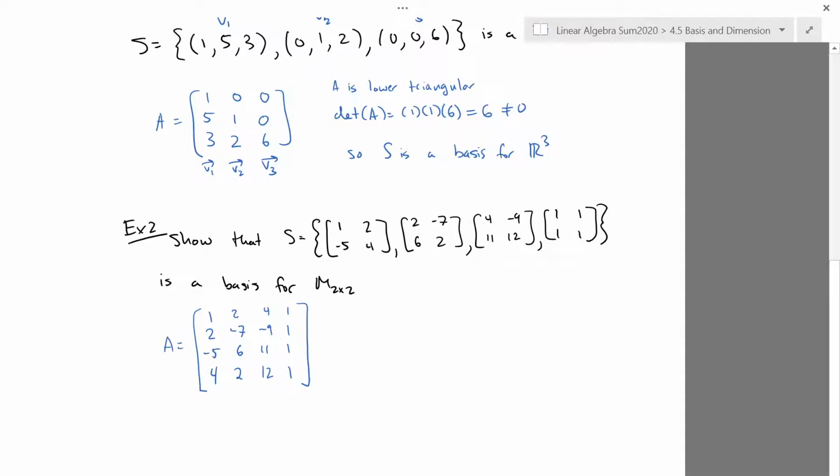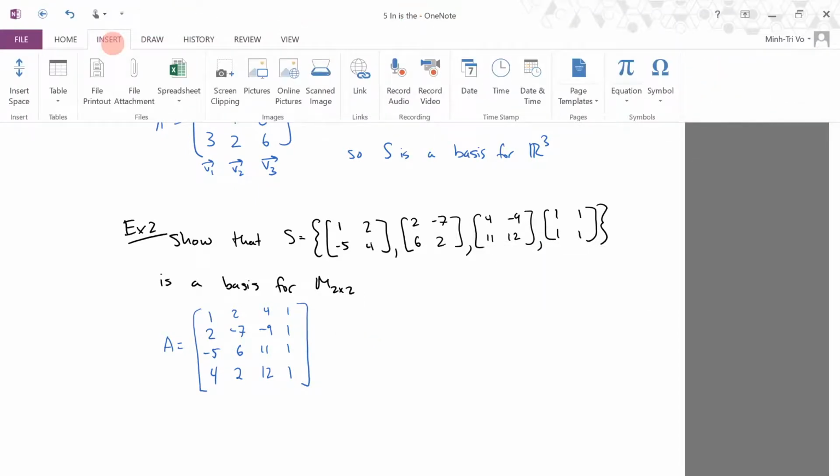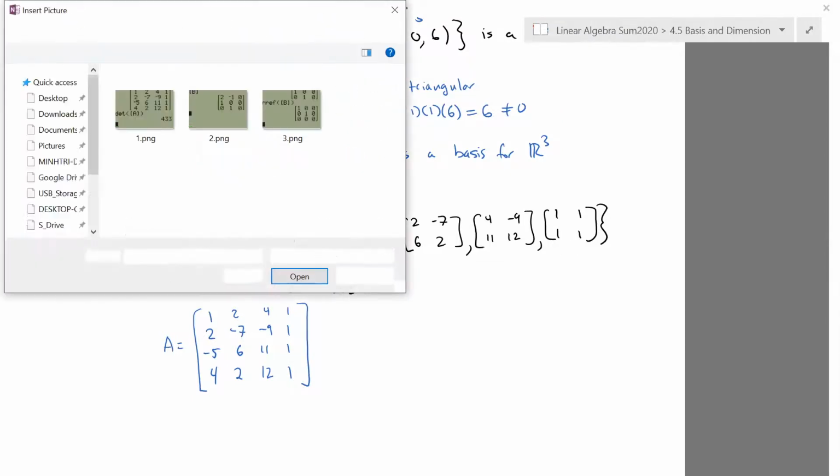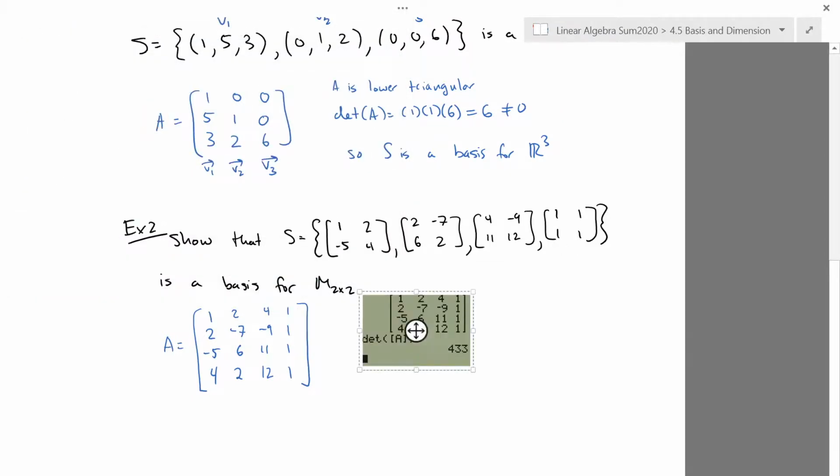Okay, so now we can determine whether this is invertible or not by calculating the determinant. And I've already previously calculated the determinant. And so we see this is our matrix here, and I've calculated the determinant as 433, which is not equal to 0.